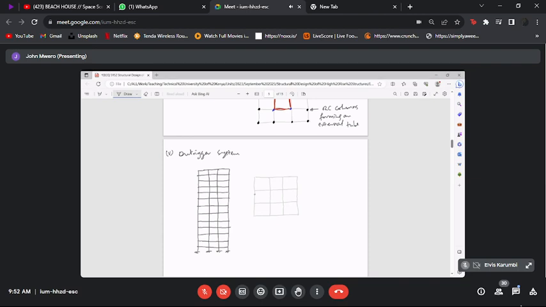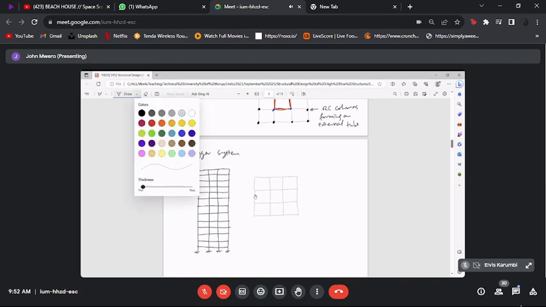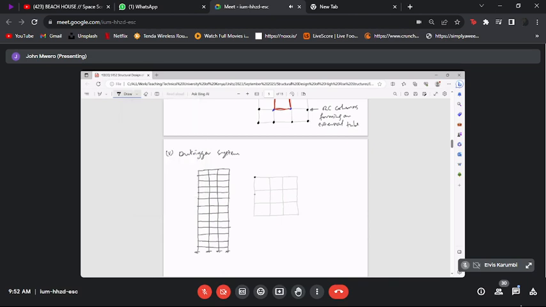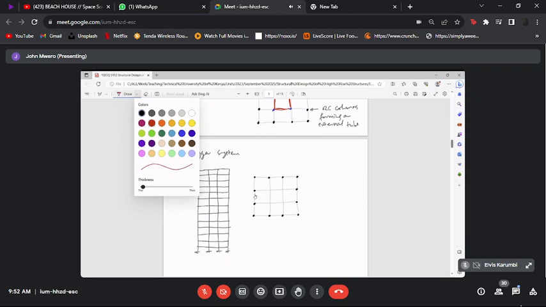So again, you had your columns, just as we did in this tube in tube. So you have a tube in tube structure. And of course, you have a central core.